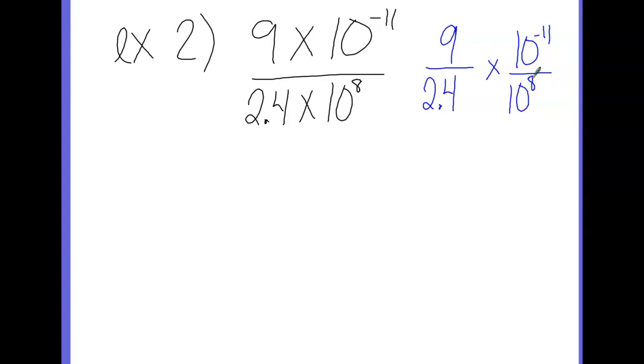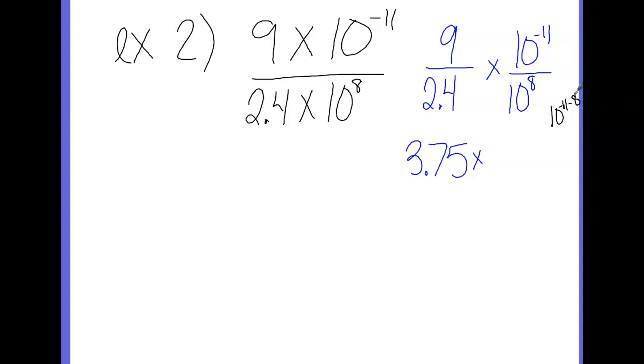And my calculator, I can type in 9 divided by 2.4. 3.75 times, what do you do with your exponent when it's a quotient? Subtract. So I have 10 to the negative 11 minus 8.